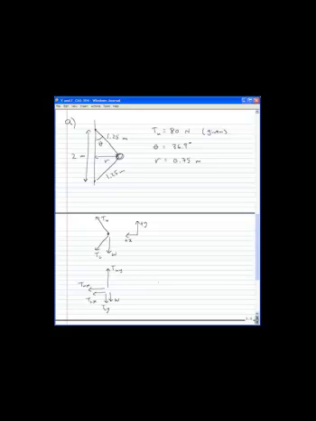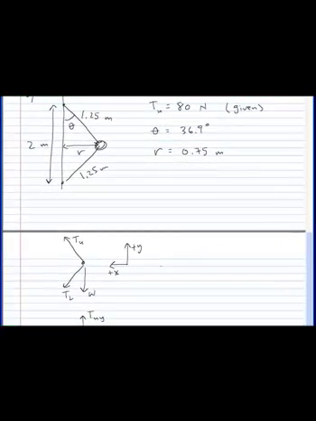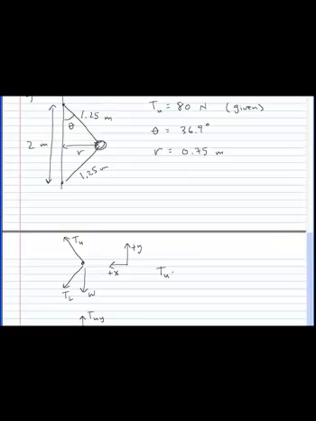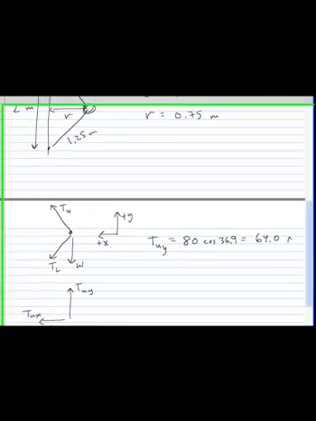Okay, so let me just jot down a few things that we know. We know that T upper in the y direction is going to be 80, that's T upper, times the cosine of theta, and so I got 64 newtons.